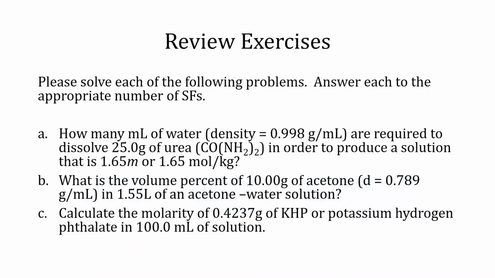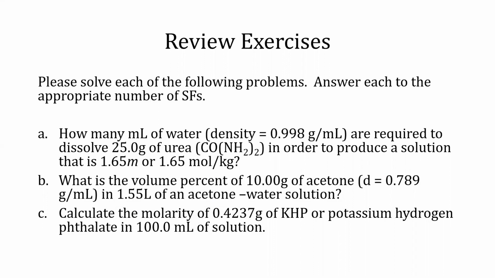Here are some review exercises for you to work on. Please solve each of the following problems. Answer each to the appropriate number of SFs. A. How many mL of water are required to dissolve 25.0 g of urea in order to produce a solution that is 1.65 m, or 1.65 mole per kg?